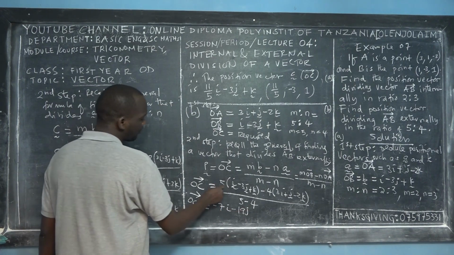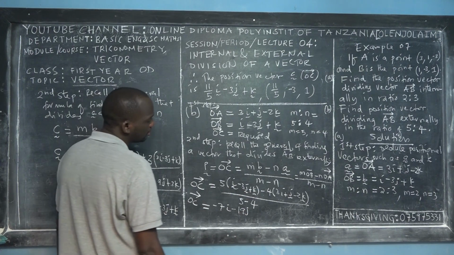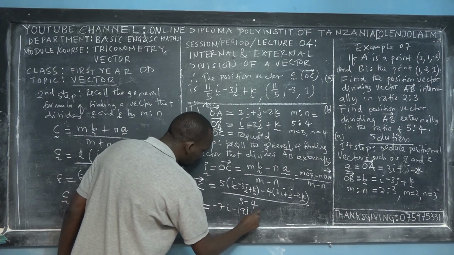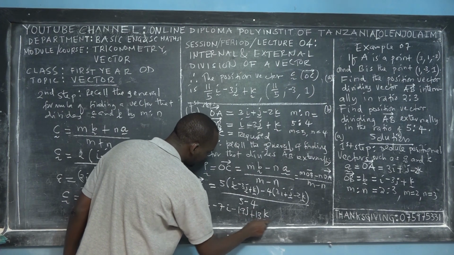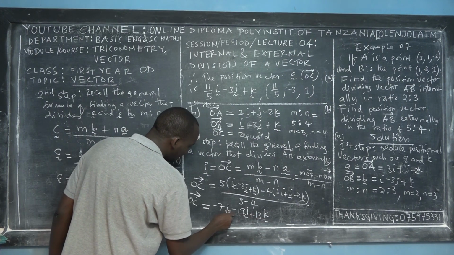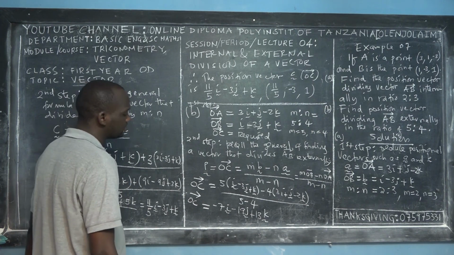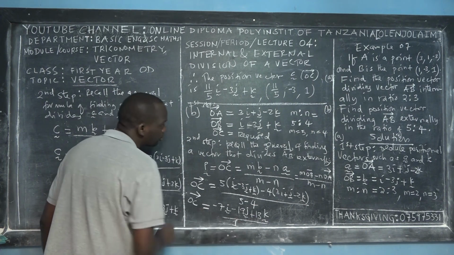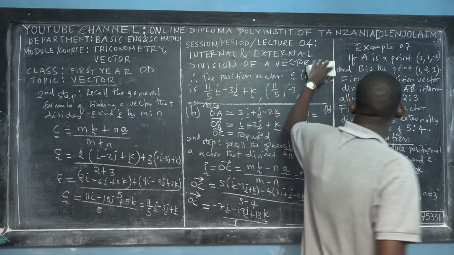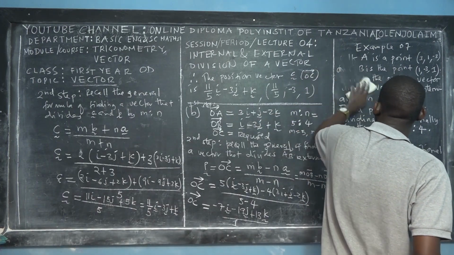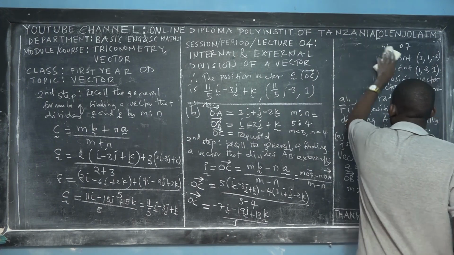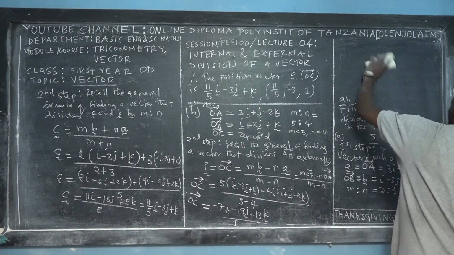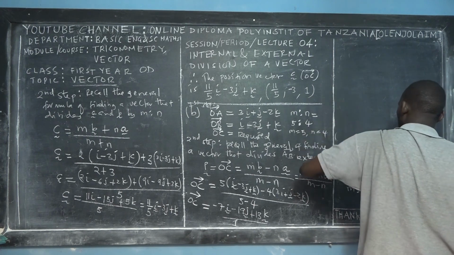Then 5 times k is 5k, plus 8k, this makes 13k. Then for the denominator, 5 minus 4 is 1. So all of this is divided by 1. So we have found a positional vector dividing a displacement vector AB in the ratio of 5 to 4.